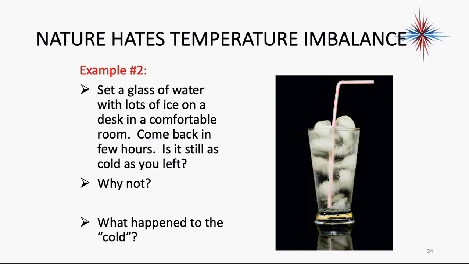Heat always migrates from higher heat to lower heat. Heat will always migrate from hot to cold. As the temperature of the contents gets closer to the room temperature, the heat transfer rate slows down. The rate of transfer from a hot to cold environment is relative to the temperature difference.